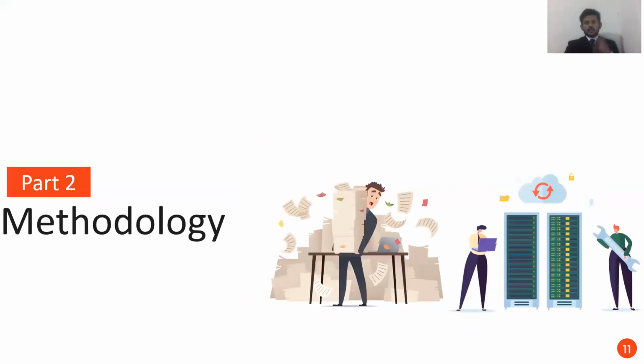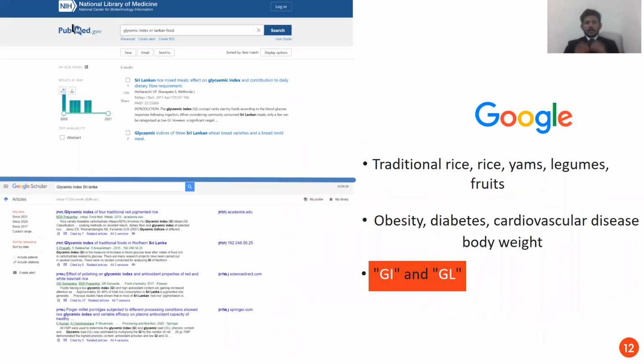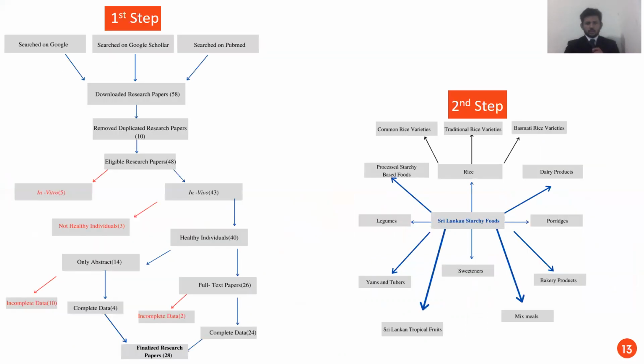When I go through the methodology, I found all my literature using PubMed and Google Scholar. Here I used search terms: traditional rice, yams, legumes, and food. Not only that, I used some abbreviations like GI and GL.